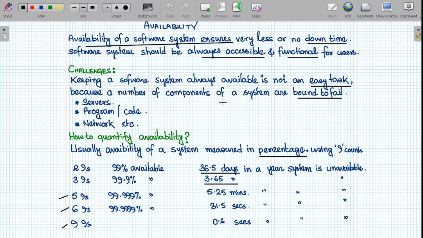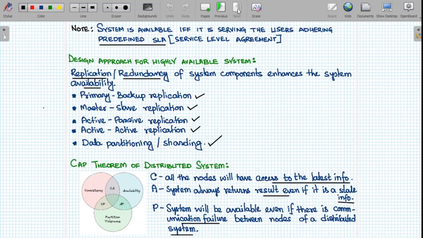In this session, we realized what is availability of a software system, and what are the different challenges we have to remember while designing a highly available system. Now we know how we can quantify the availability of a software system using 5 nines or 6 nines. We realized if a system is up and running, it does not mean that our system is available.